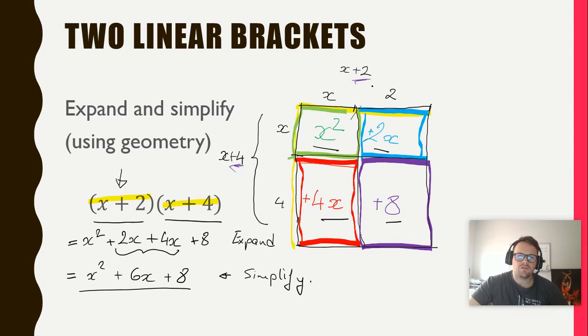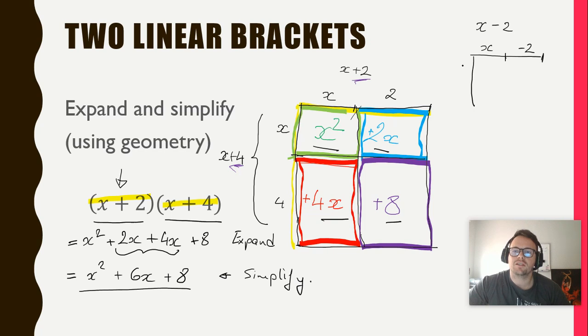What happens if you have a minus there? Let me quickly show you an example. Let's say you have x minus 2. You just take this length to be x, and yes, you can't have a negative length, but you just assume that's a minus 2.